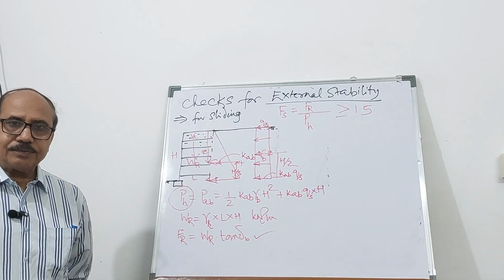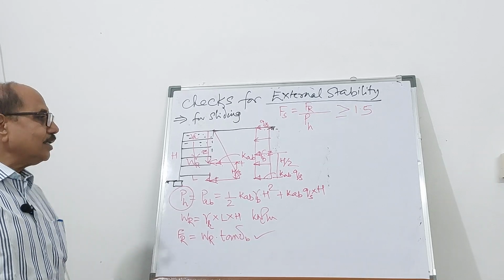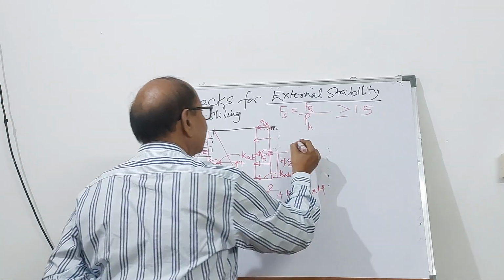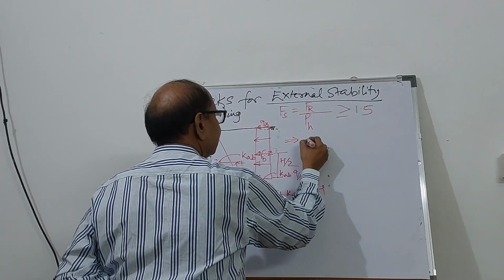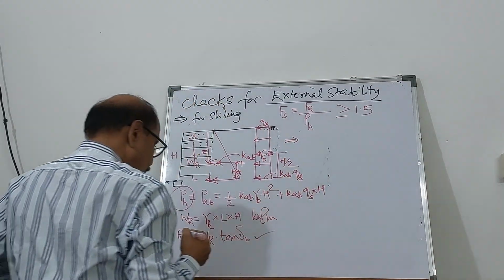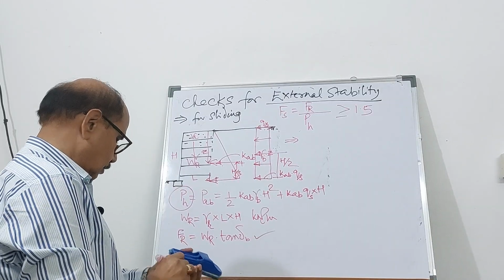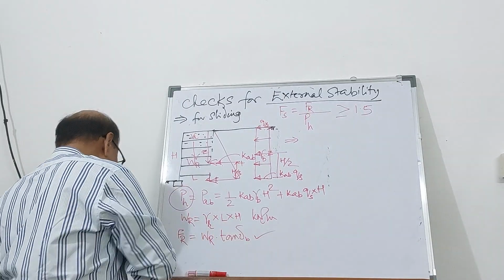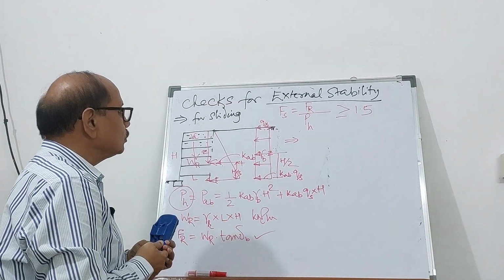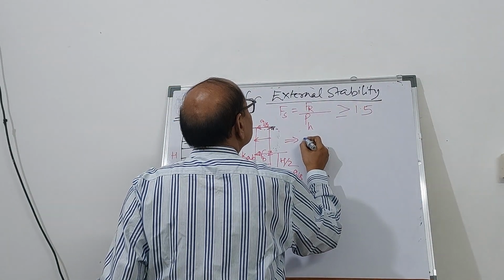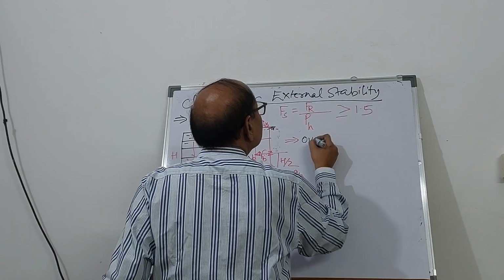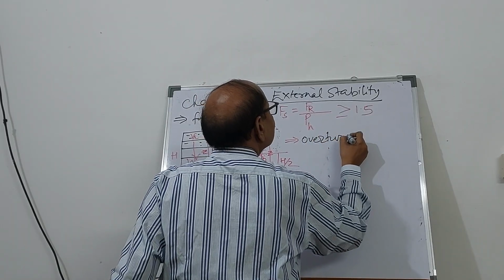What is the next check? Overturning. So give another check. This is the first check. The other check is for overturning. These are all simple, which you have learnt earlier also. So how to give checks against overturning?